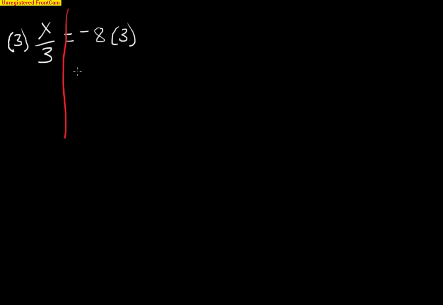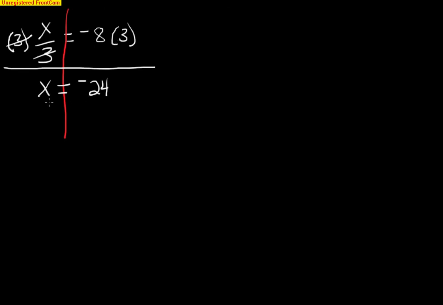Okay, so when we do that, on the left hand side, the 3's cancel out. Oh, forgot to put my line in here. And that leaves just x over here. Okay, and then we have a negative 8 times a 3, and that's going to give us a negative 24. Okay, remember it's negative because you have one negative times a positive.